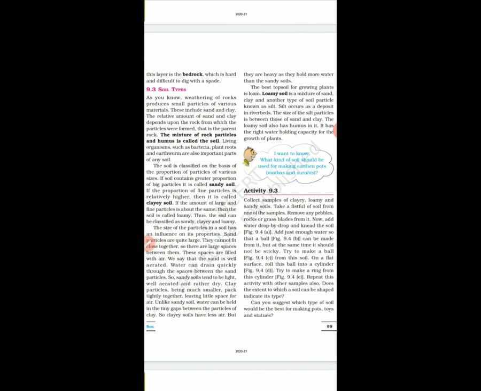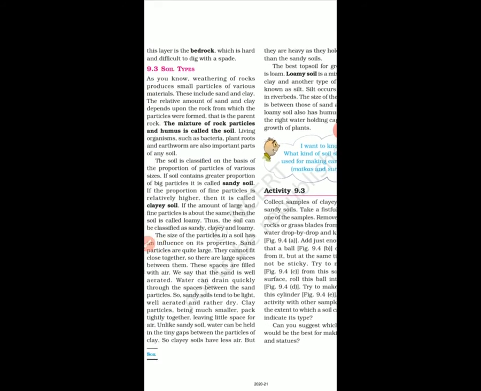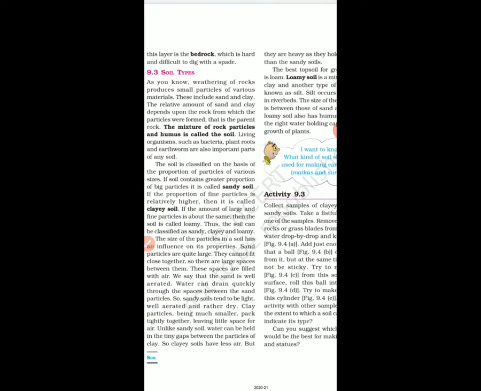Now the types of soil. What is soil? The mixture of rock particles and humus, this all is called soil, right? It is a mixture of all these things, that is soil. It includes sand, clay, right?